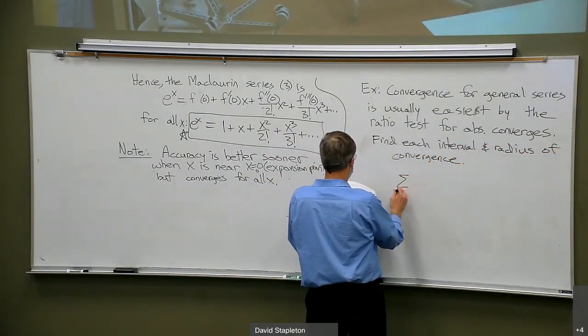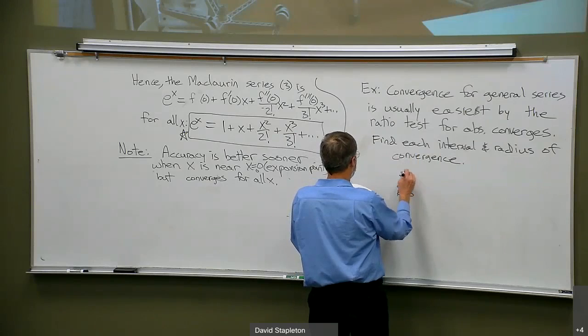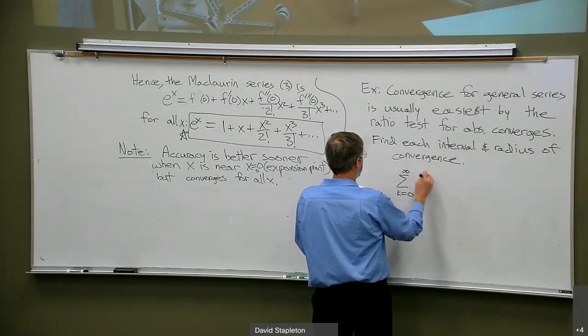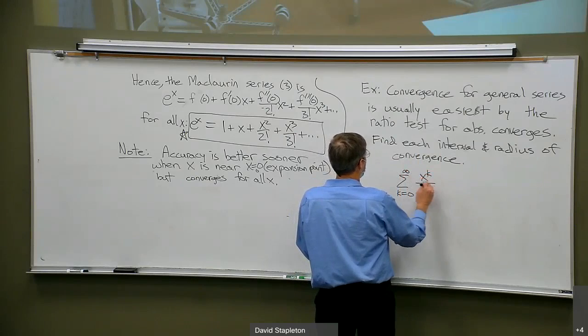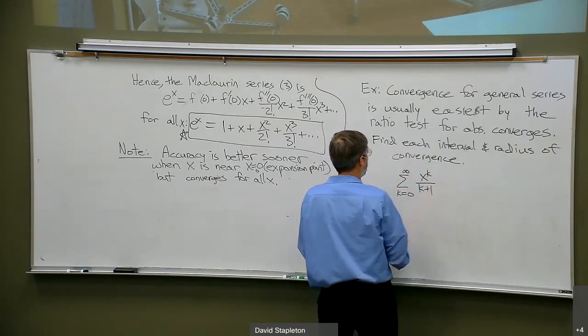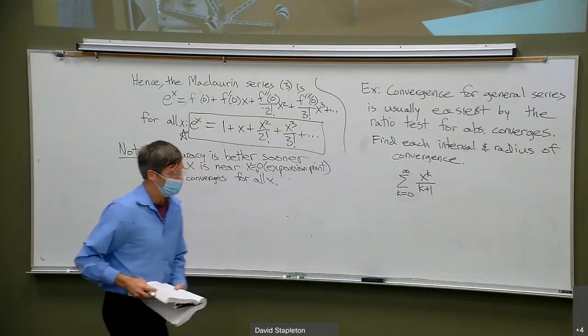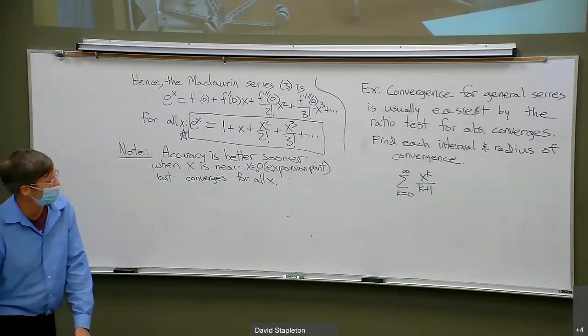Sum k equals 0 to infinity, x to the k over k plus 1. How about that?